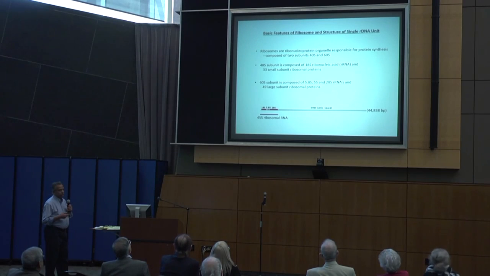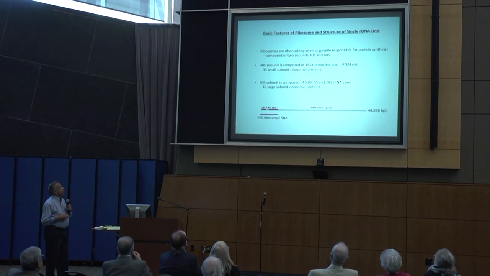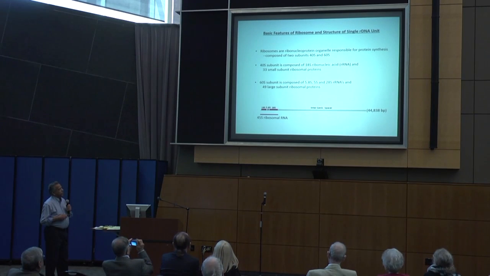Based on their sedimentation rates through the sucrose gradient, they're called 40S and 60S subunits. And they are essential for every cell because you have to make proteins to function. And they use the messenger RNA that is stored in the DNA. And they translate into proteins.